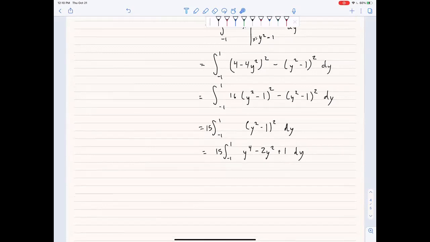Okay, anyway, at this stage, it's just computation. Y to the 5th over 5 minus 2/3 y cubed plus y. And again, we're evaluating from 1 to -1, so we'll just get 2 from 1 to 0. So I don't know, 30 times, I don't know, you guys can figure this out.